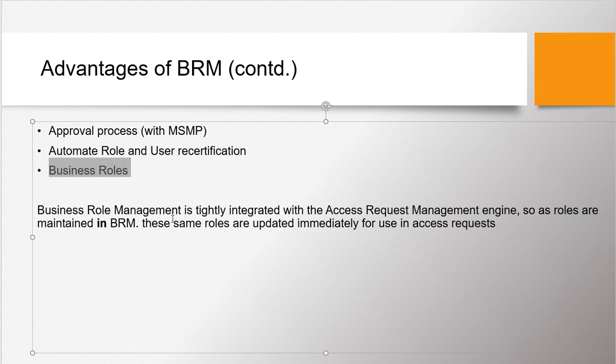It could include a composite role itself. Technically, a composite role cannot have a composite role, but in a business role you could assign a composite role. So a business role is a collection or a repository of technical roles from your plugin systems. All right.